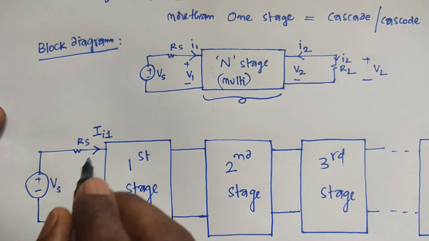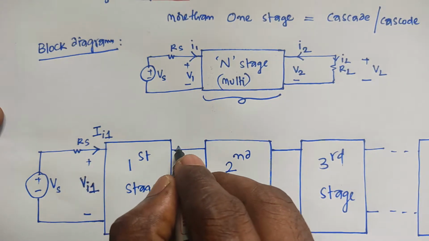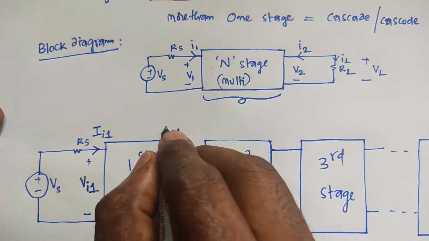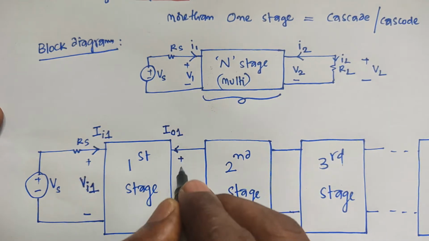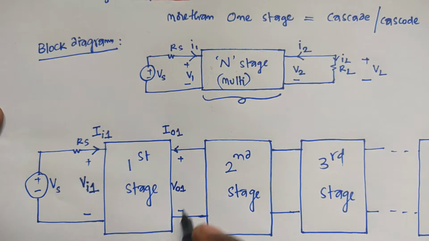Similarly, here is the first stage output current and the first stage output voltage.